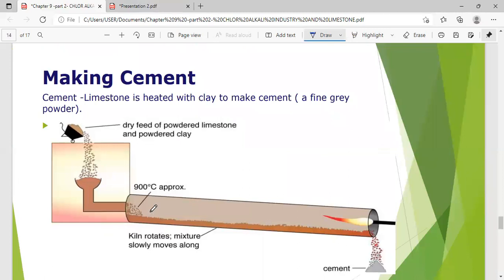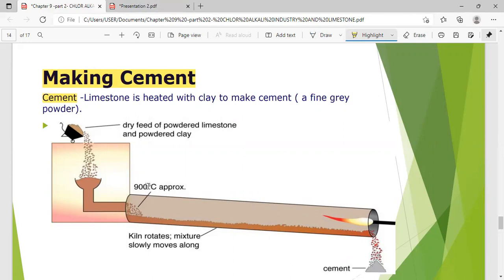This part of the topic is quite new to you. Limestone, as we learned earlier, can be used as a building material. There are also other building materials that can be made from limestone, like cement. Cement is made from limestone.